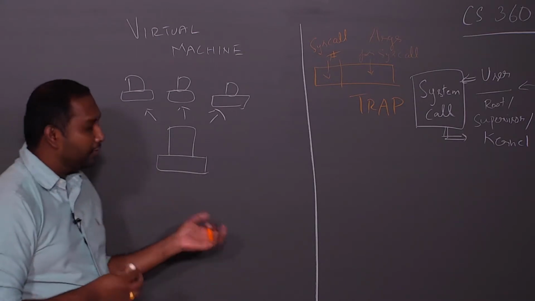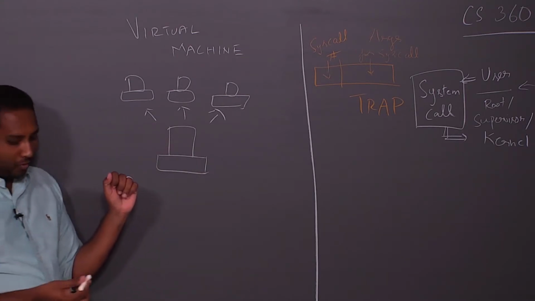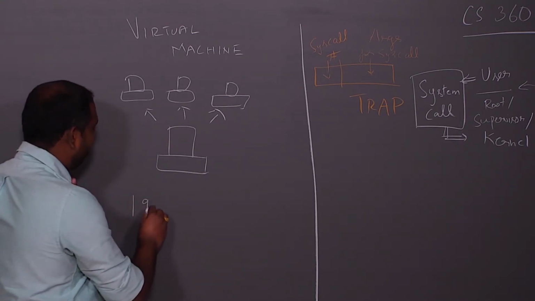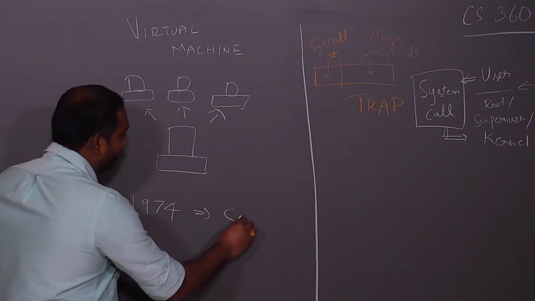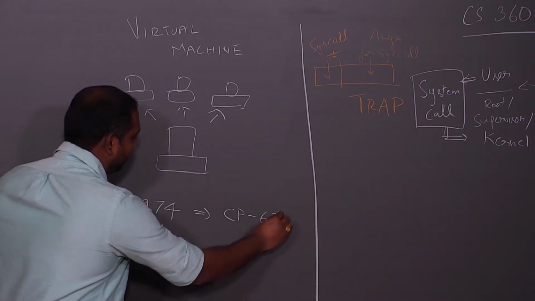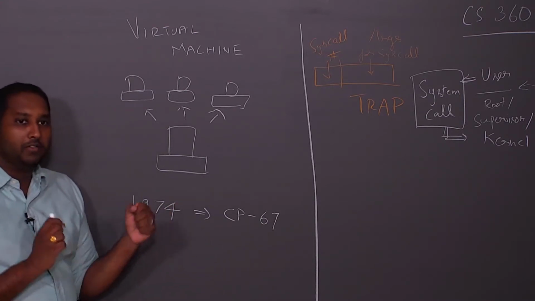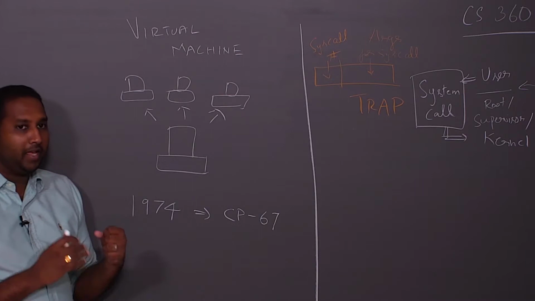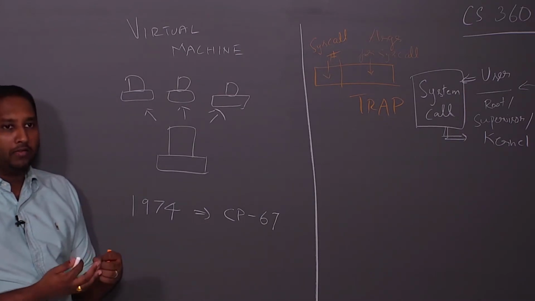Okay, so virtualization is really old. The very first time something was attempted was back in 1974, when IBM did something called the CP67. One thing I want you to remember is that virtualization is driven by economics, by the desire to have higher utilization of your machine.